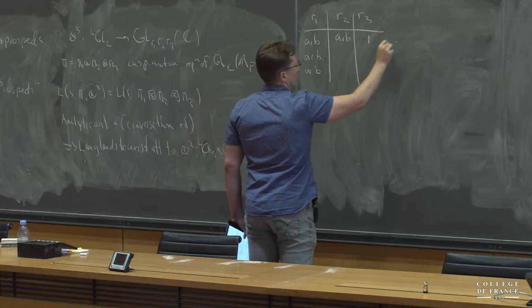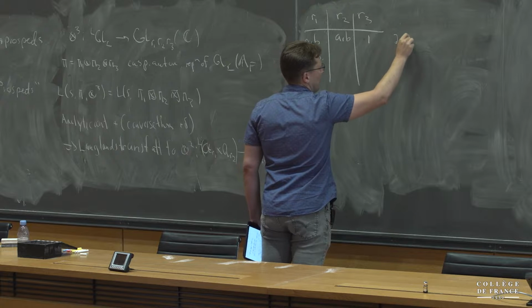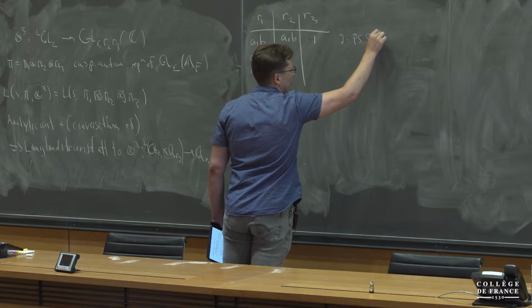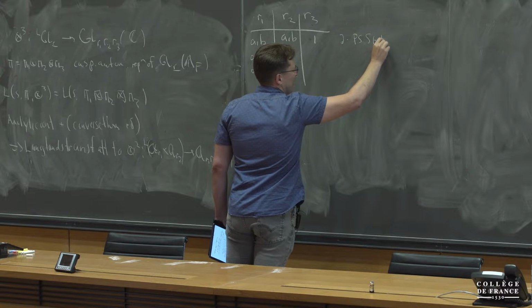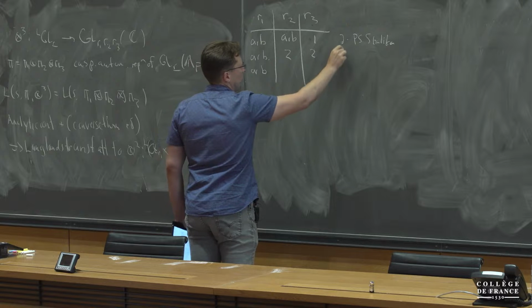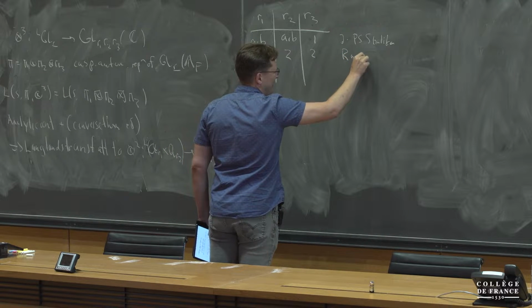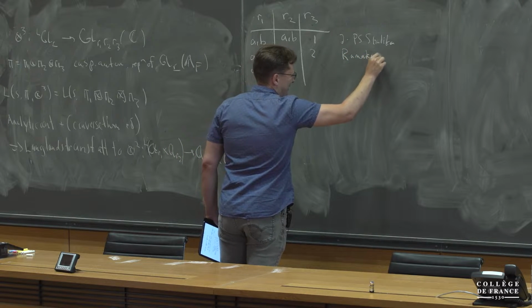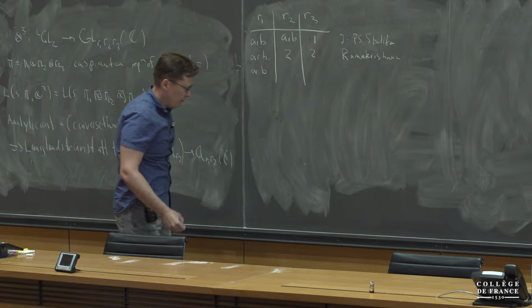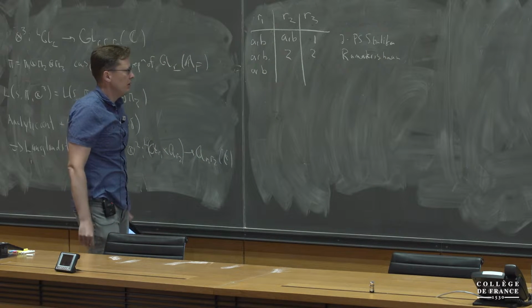If R3 is equal to 1, then this is Jacquet, Piatetski-Shapiro, and Shalika. This is Rankin-Selberg theory. If this is 2 and 2, this is due to Ramakrishnan, because he established the automorphy of the tensor product of two GL2 automorphic representations.